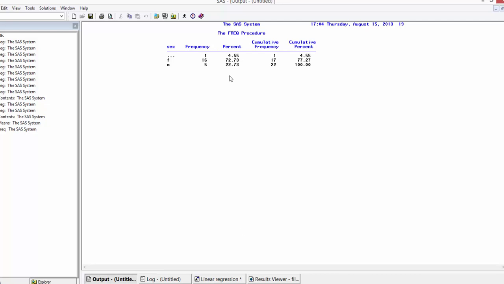If they're very close by, let's say 45% and 55%, where the difference is not very significant, in that case you may go ahead with just a single model. Whereas if there is a significant difference, you may consider having separate models.